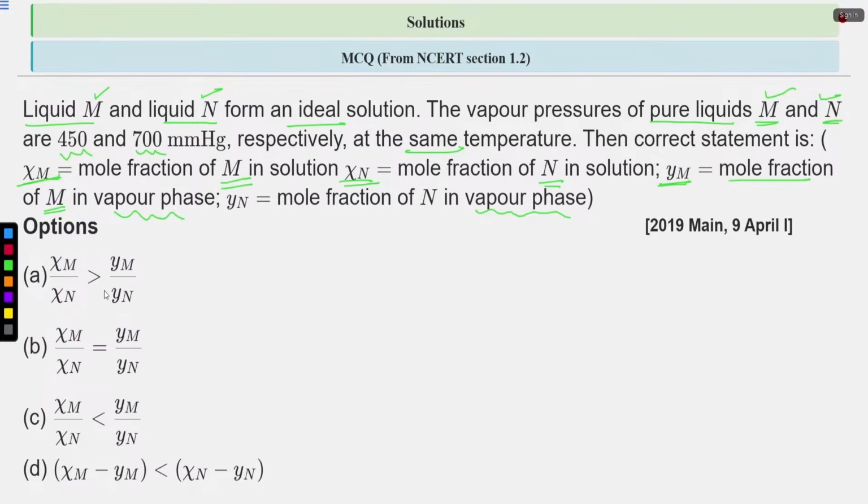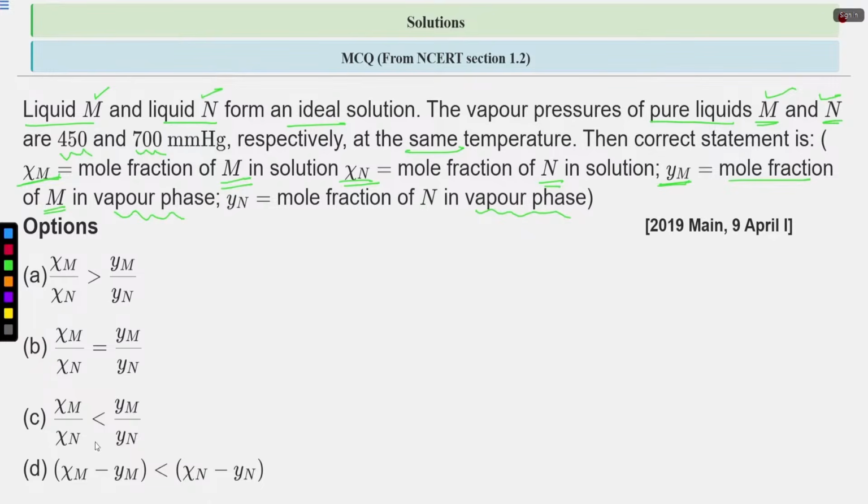The four options given are: chi M by chi N is greater than Ym by Yn. That means the ratio of mole fraction of M and N in the solution is greater than the ratio of mole fraction of M and N in vapor phase. Or the ratio in the solution is equal to the ratio in the vapor phase.